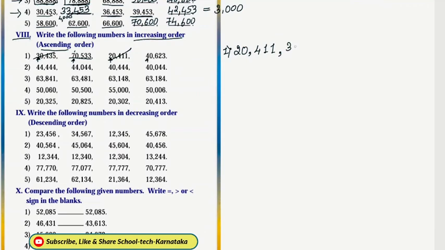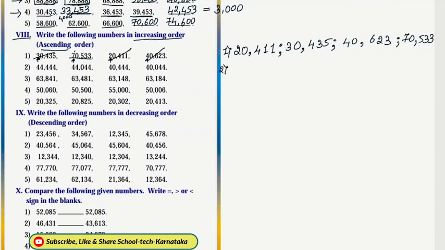So we write 30,435, and from the remaining 2, 4 is smaller than 7. So we write 40,623, and the last number is 70,533.